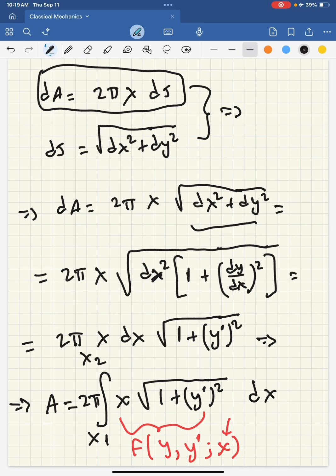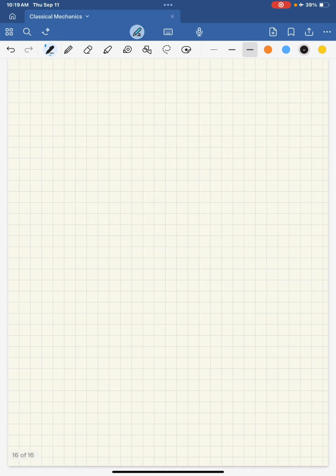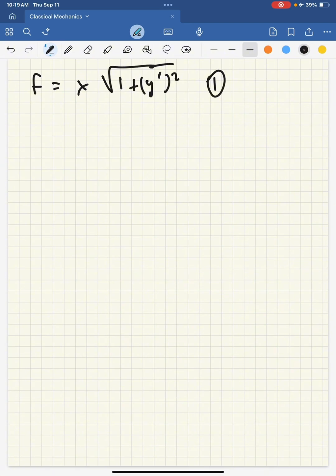Now, this functional, let's write it down. So our functional f is x square root of 1 plus y prime squared. Okay, let's call this equation 1. To find the minimum path, that is the line y equals y of x that minimizes the surface, this functional has to satisfy the Euler equation, okay?